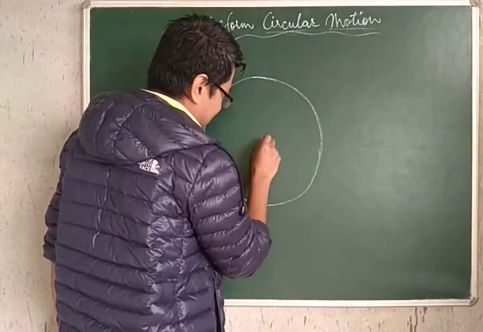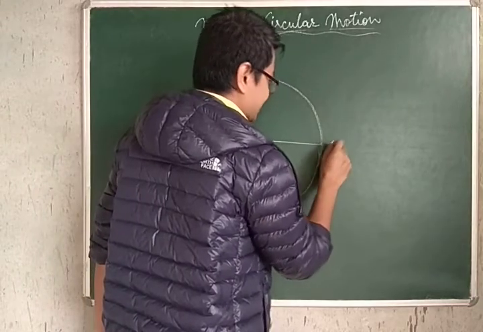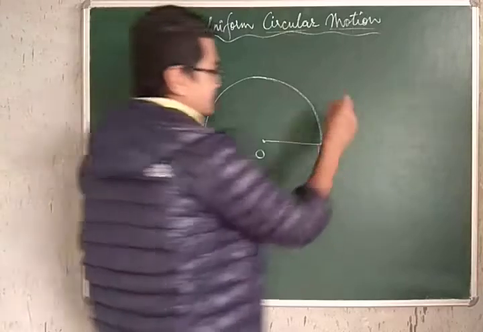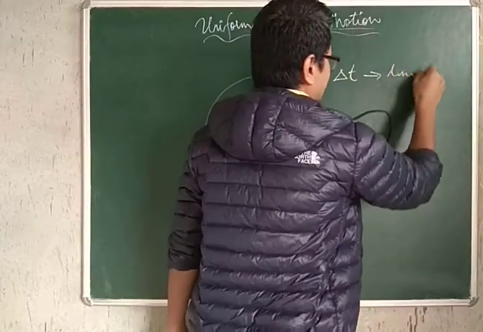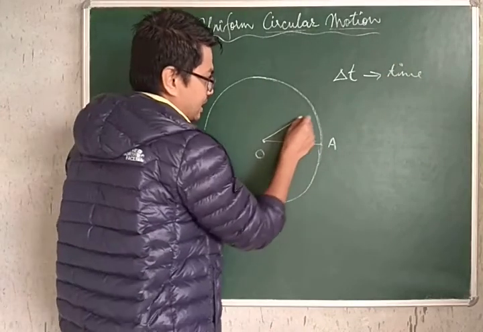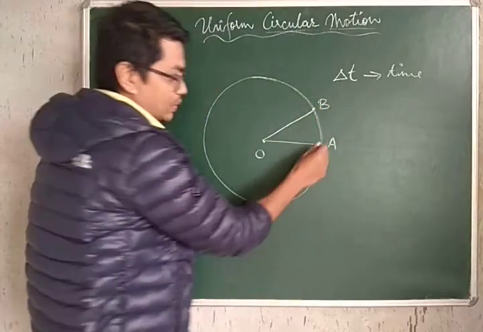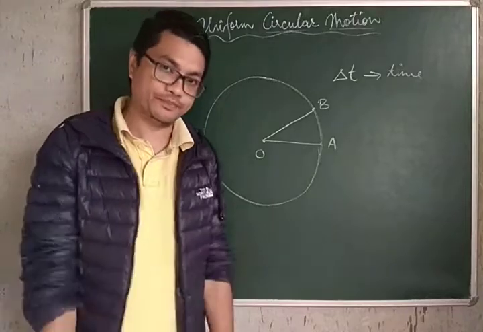Say this is the center O, let's call it O, and initially let us suppose that the body is at point A. Now in a certain time delta t, the body moves from point A and reaches point B. So AB, so to say, is the linear displacement of the body.